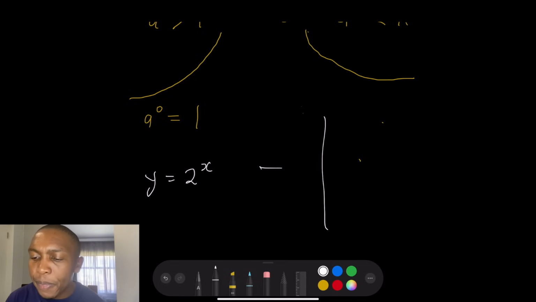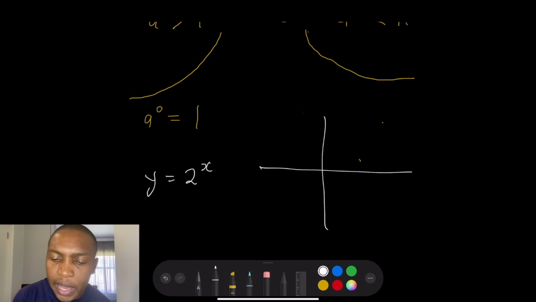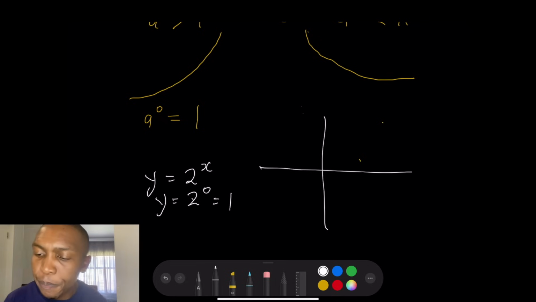Remember, whenever we've got 2^0, that is equal to 1. So in our graph, where x is 0, y will be equal to 1. So our graph should cross there.